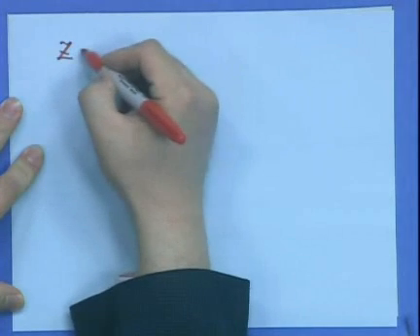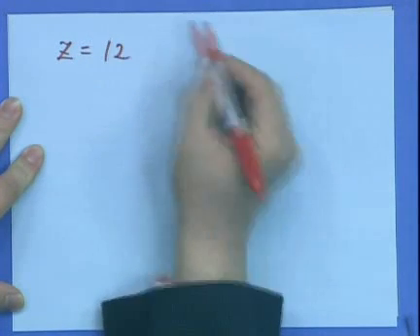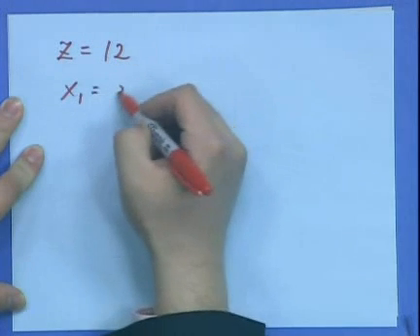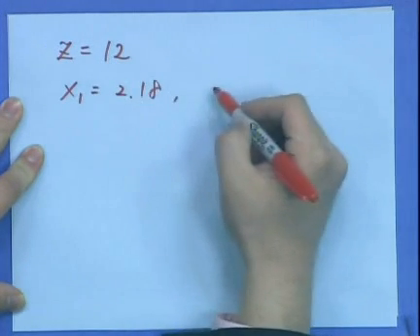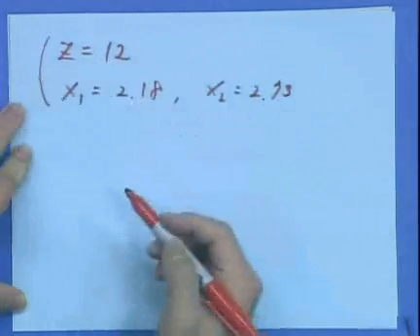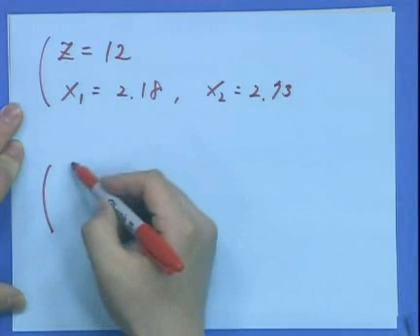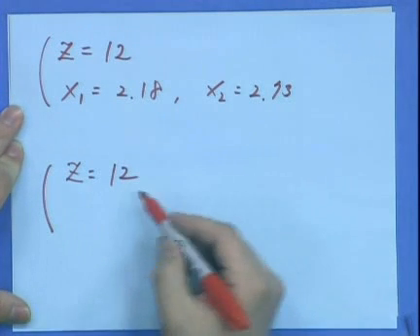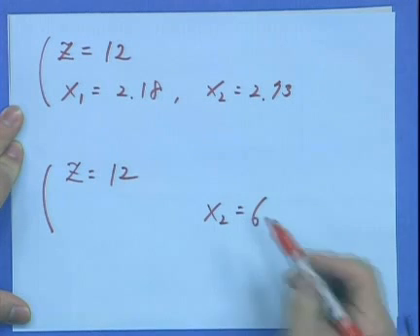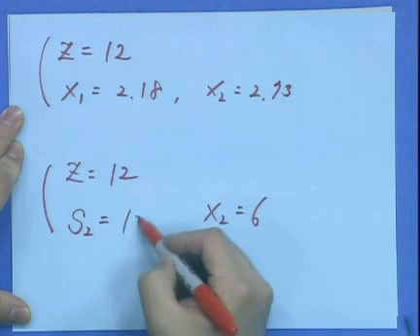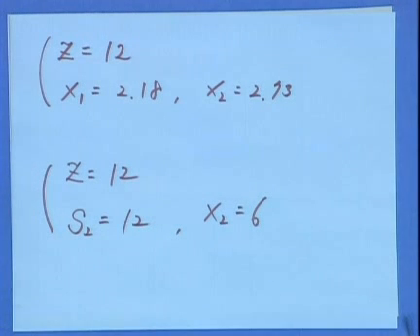For the first case, we have the objective function value of 12 with x1 equals 2.18 and x2 equals 2.73. And for the second case, we still have the same objective function value, but the x2 variable has the value of 2 and the s2 variable has the value of 12, right?